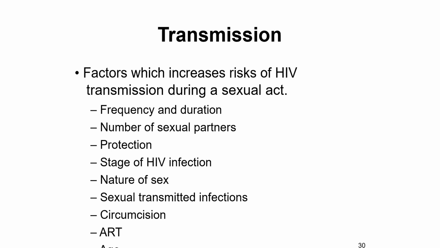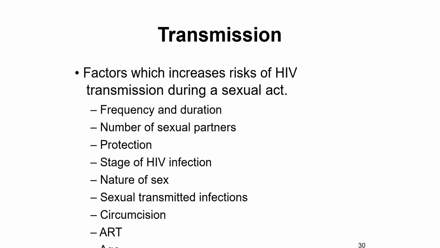Then the nature of sex. I think we have heard there are some things which people do to try to enhance sex. I think there's a belief that tight sex is the best. Because of that, you increase the risk of having bruises or injuries, which then increases the risk of getting HIV infection.